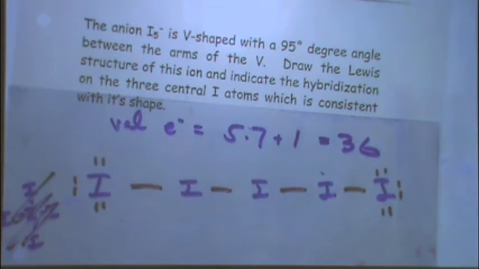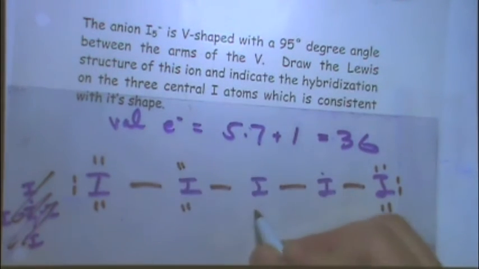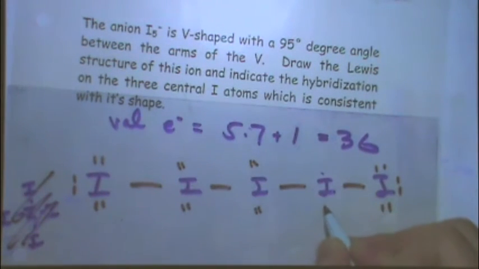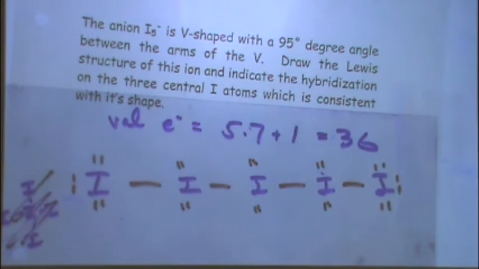Now I move my way inward. 20, 22, 24, 26, 28, 30, 32. So now I'm at 32 of 36. I have 4 more electrons to go. Where do you want to put those 4 electrons? Let's call them number 1, 2, 3, 4, or 5. 3. You want to put them on 3, okay?